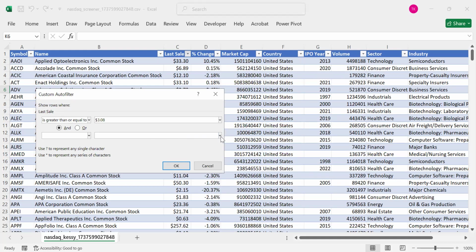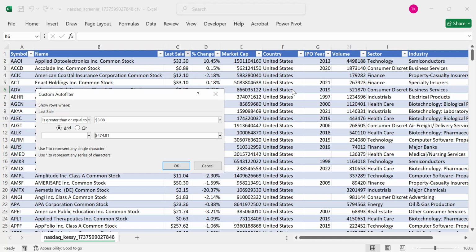I'm looking out for stock that are between $3 and the highest stock price in this watch list of mine. So that's why I'm using my set and filter to generate this for me.